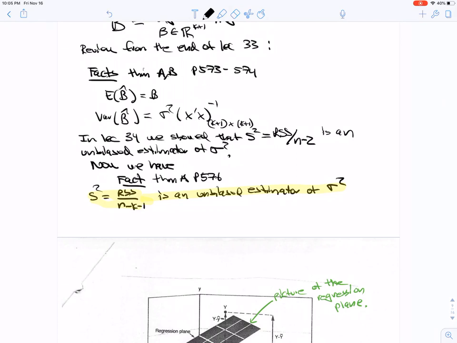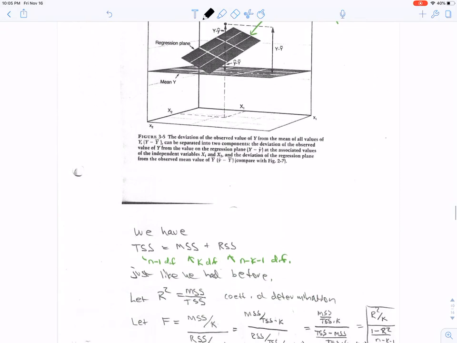You can see how that generalizes if we have more than one predictor, but it's proven in theorem A, page 576. S squared is RSS over n minus k minus 1. It's an unbiased estimator of sigma squared.